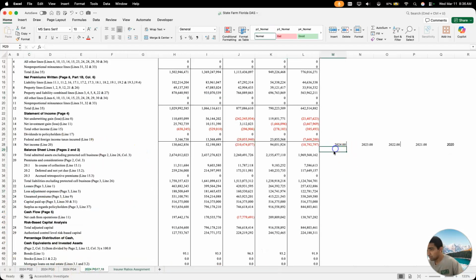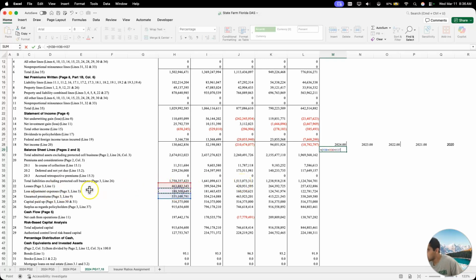So I found it, and all you have to do is remember, it's unearned premium reserve, and you want to make sure you have this in parentheses. Unearned premium reserve plus losses plus your loss adjustment expenses, close parentheses, divided by your surplus as regards to policyholders.